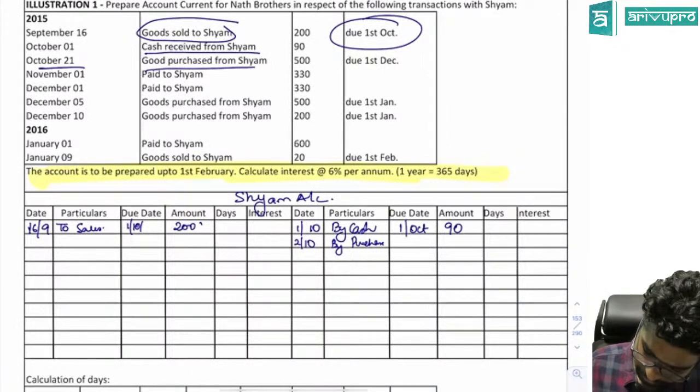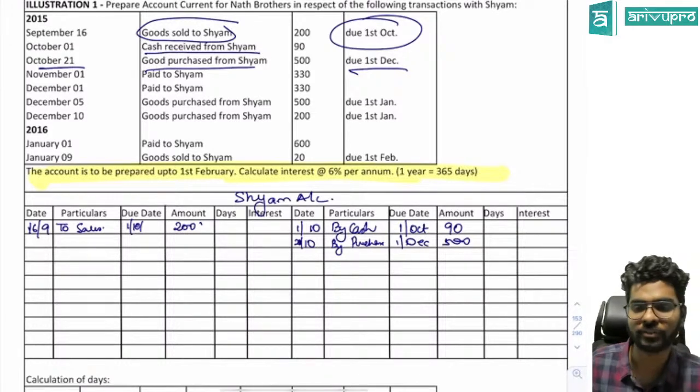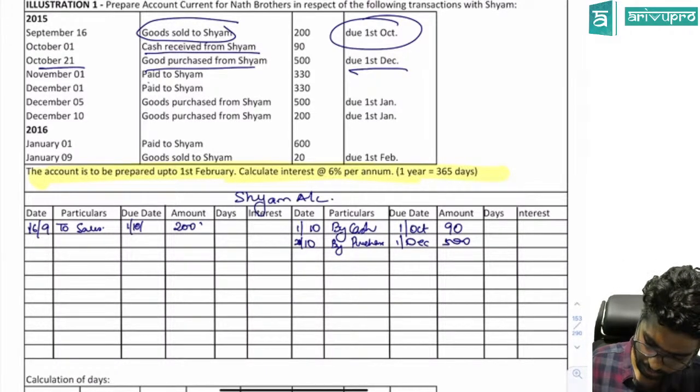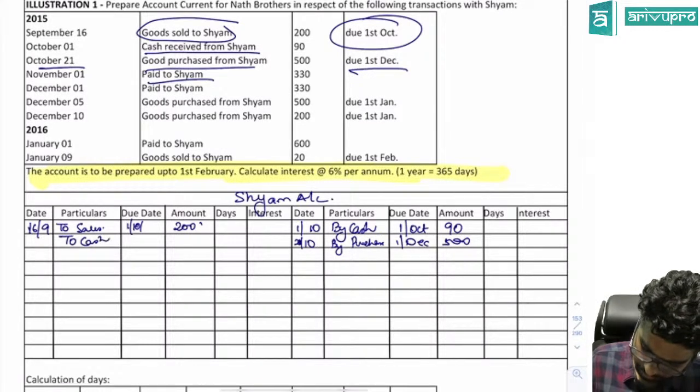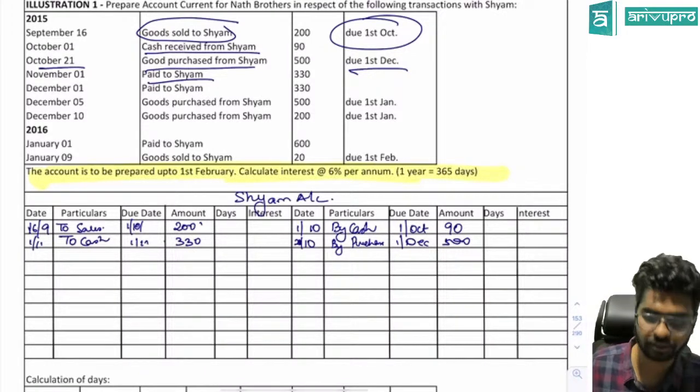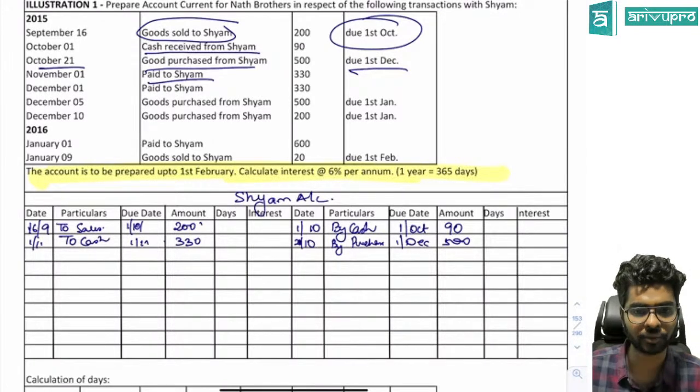What's the date? 21st October, and the due date is what? 1st December. 500. Done. Paid to Sham. That will be what? Sham to cash. Paid, right? 1st December, 330. Are you guys clear what I'm doing?